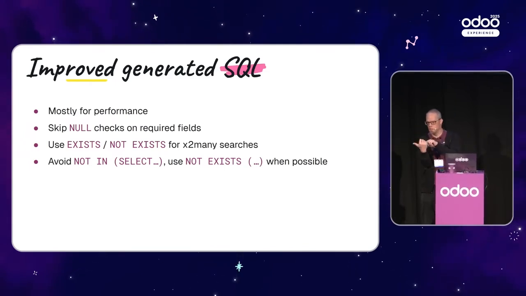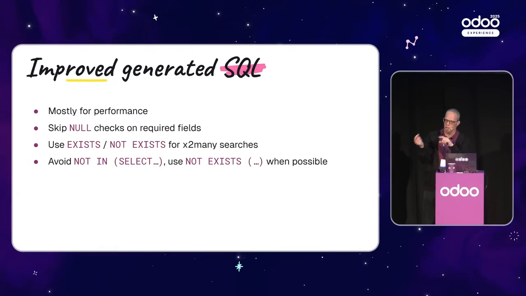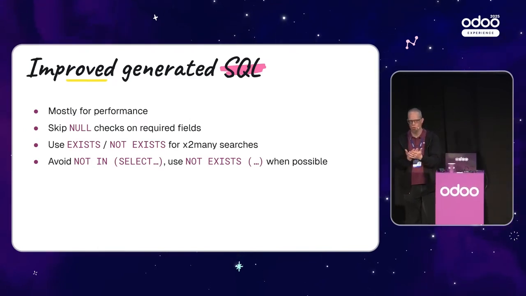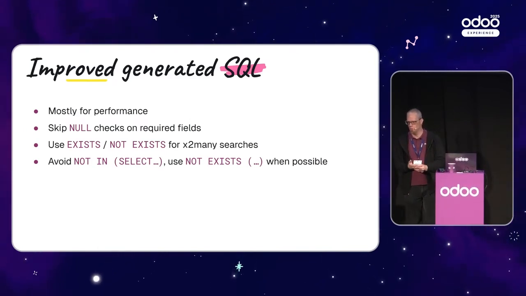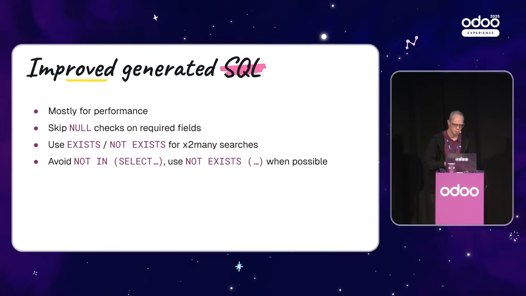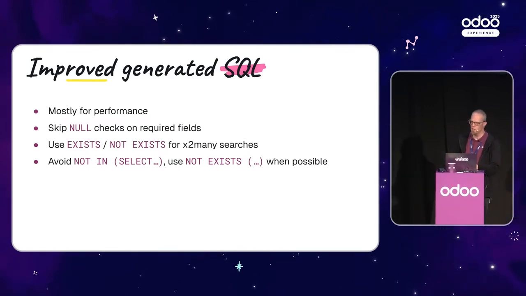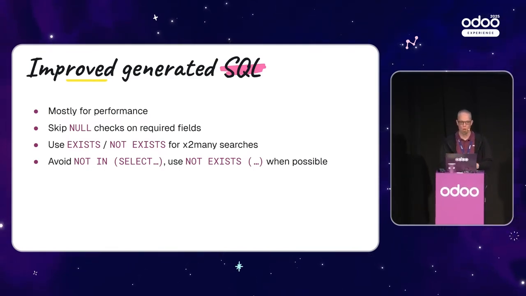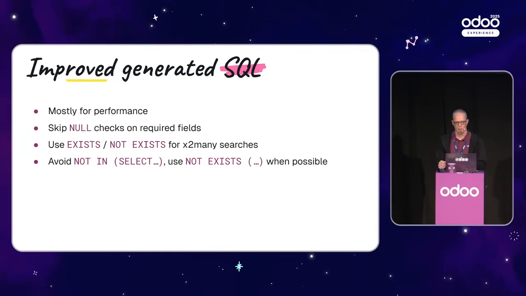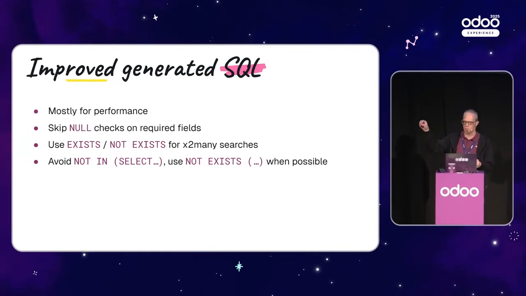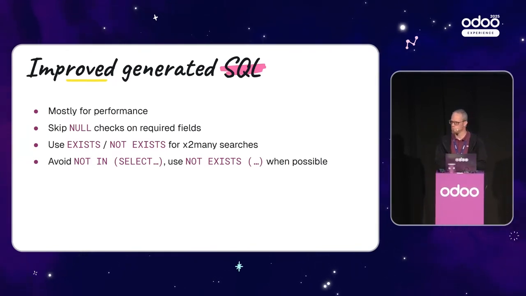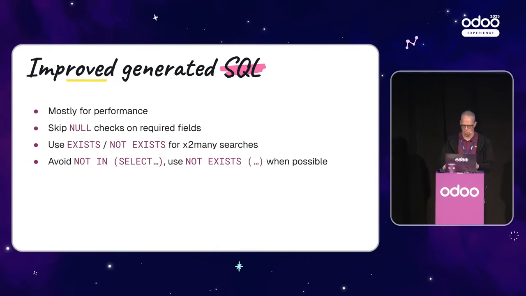If it does, then the condition is false, or otherwise. That's how it improves the query plan. So we got better results with that, and we can use stuff like: if we know a field cannot be null, then there's no need to have an is null in the SQL. It's simply obviously false.